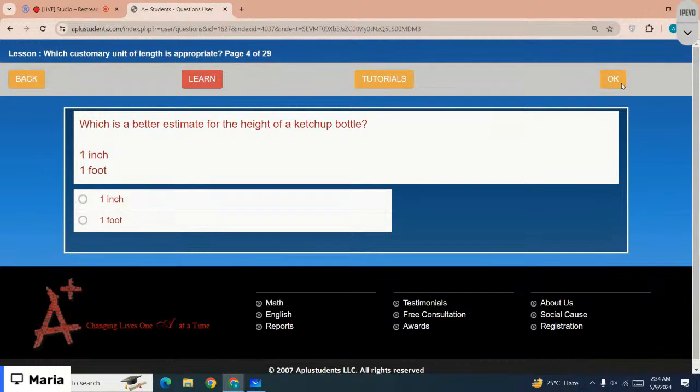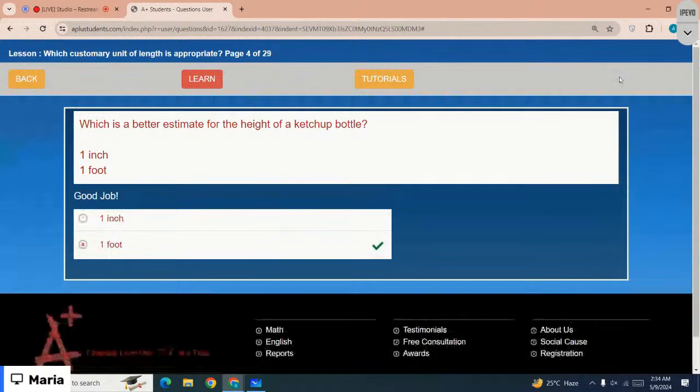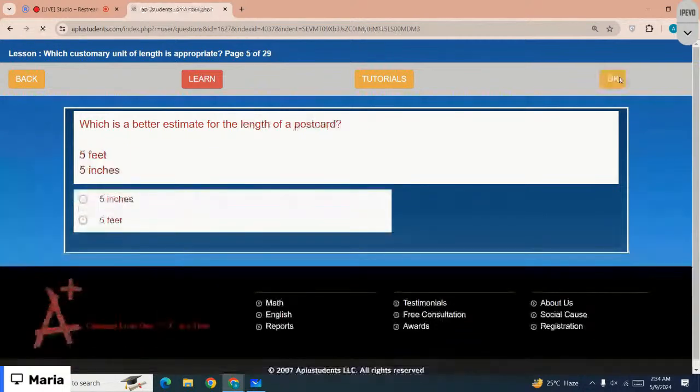Which is the better estimate for the height of a ketchup bottle? Yes, 1 foot it is. 1 inch is too small for the height of a ketchup bottle. Which is a better estimate for the length of a postcard? 5 inches, 5 feet.